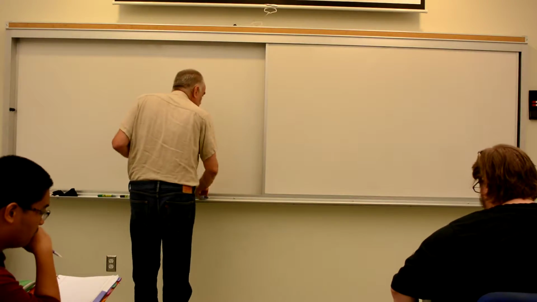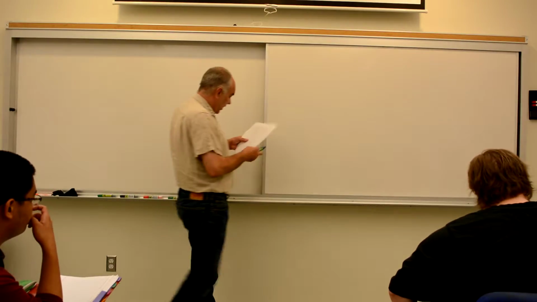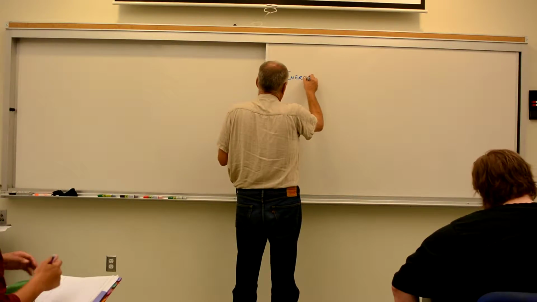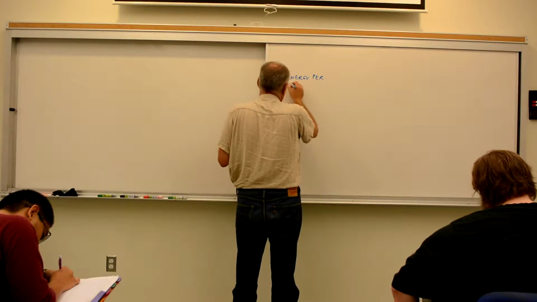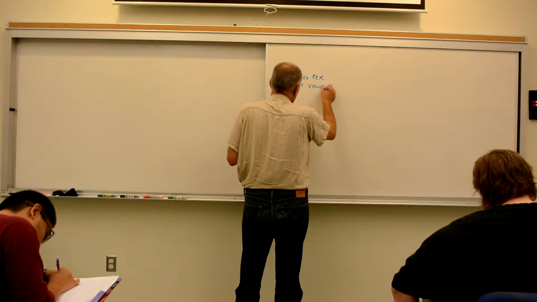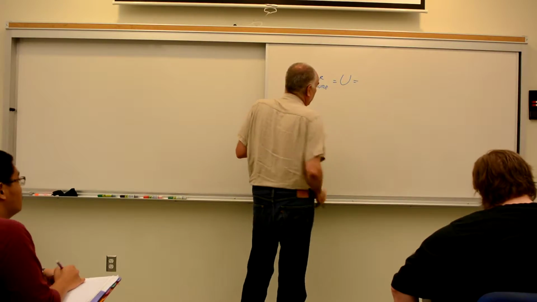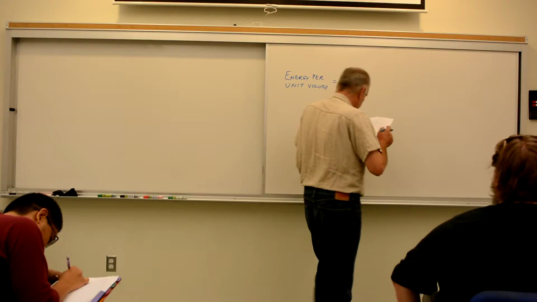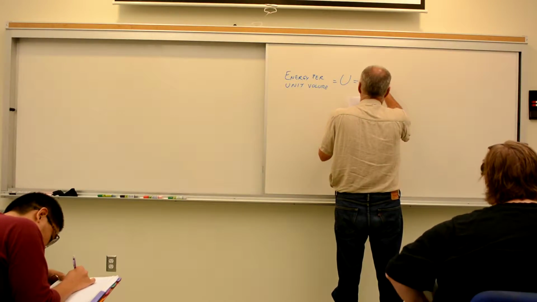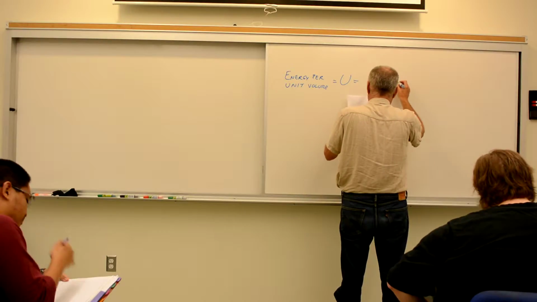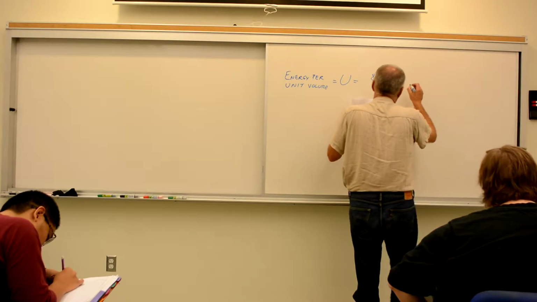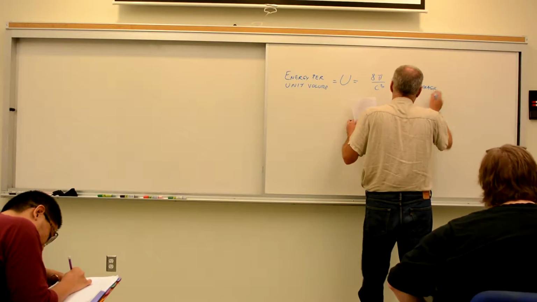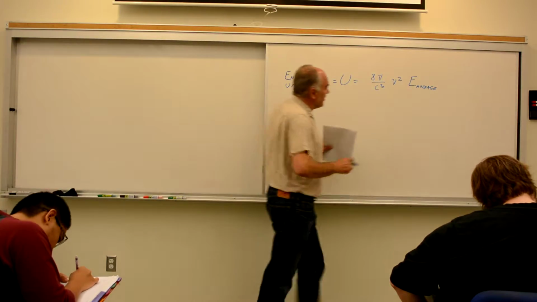So, what we got last time is that the expression for energy per unit volume, call it U, of the electromagnetic radiation in a cavity is simply 8 pi over c cubed, frequency squared, times the average energy of an electromagnetic wave with frequency nu.